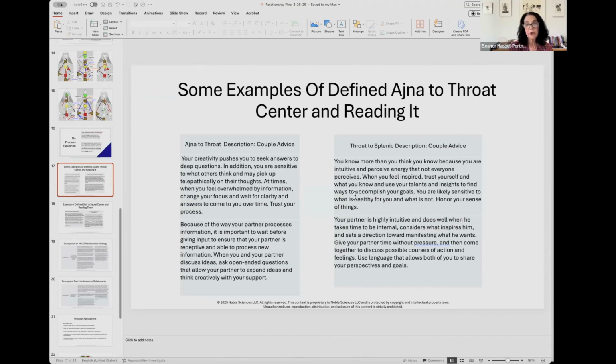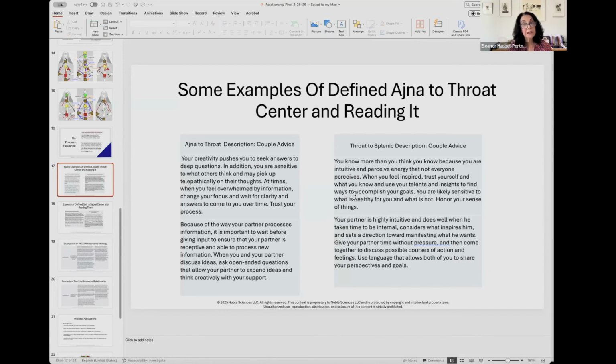So when the throat is activated to the splenic center in one of you, or some combination, you know more than you think you know because you're intuitive and you perceive energy that not everyone perceives. When you feel inspired, trust yourself and what you know, and use your talents and insights to find ways to accomplish your goals.